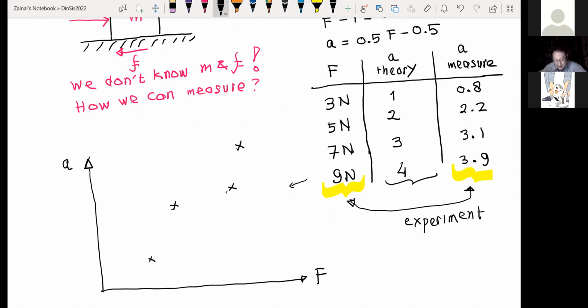Not located in the straight line. Okay, so this one, if you connect this one directly, what you have is something like this one.